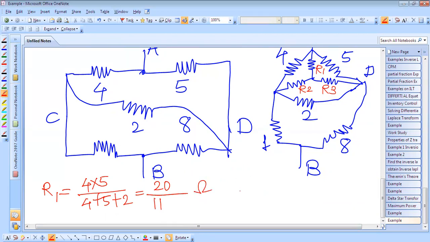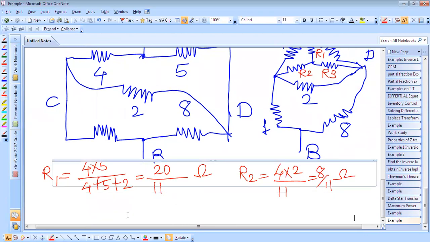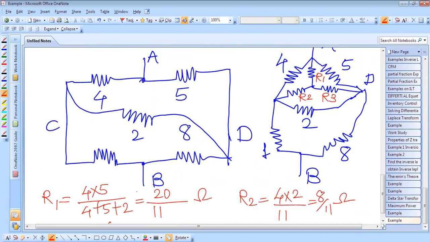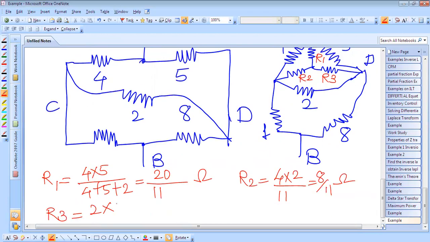Similarly, find R2. R2 is equal to 4 into 2 divided by 11. 8 by 11 ohm. And similarly for R3, R3 is equal to 2 into 5 divided by 11.